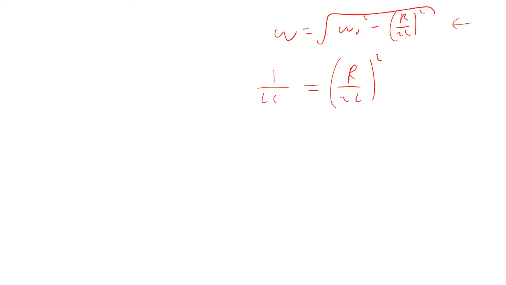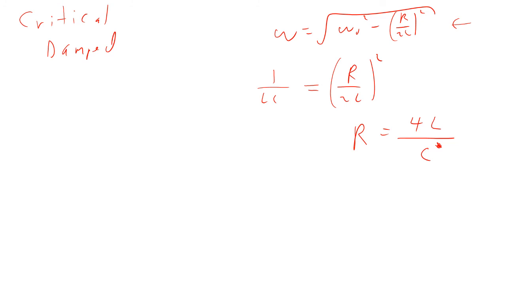You could solve for r in this case, and r would equal 4l over c, under a square root. If r is exactly equal to that, then we have what we call critically damped.